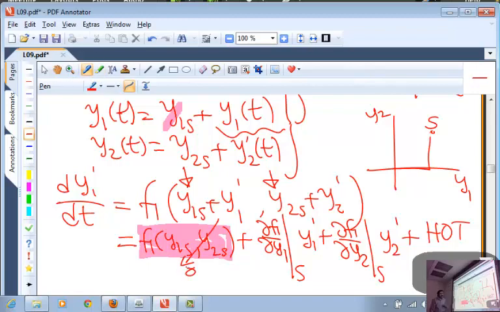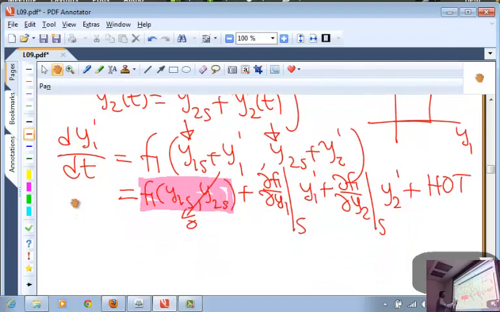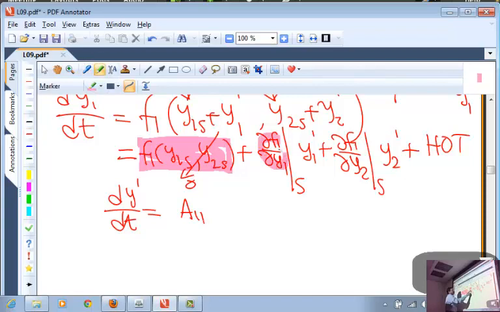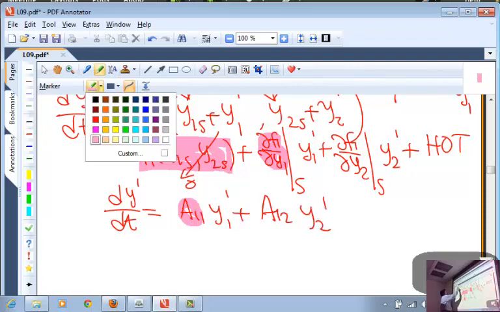So what I'm left with is dy1 prime dt equals df1 dy1. Let me call it a11. A11 is this term. Okay, y1 prime plus a12 y2 prime, and a12 is this term.